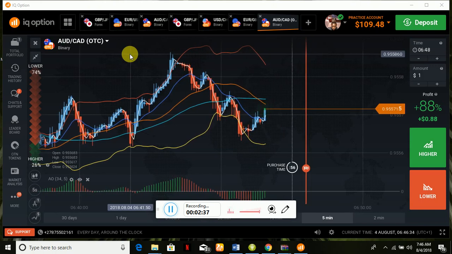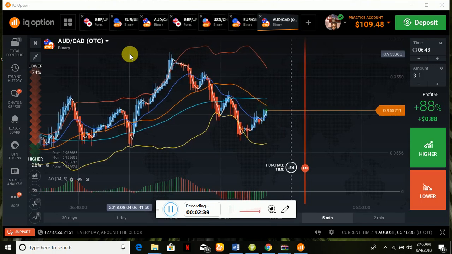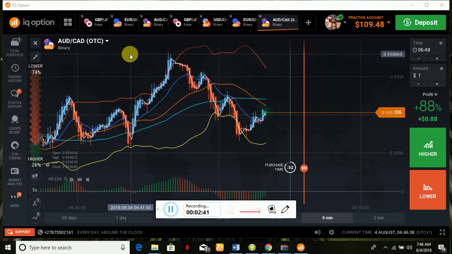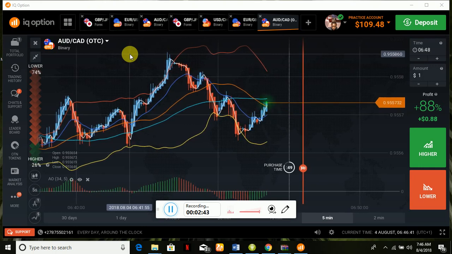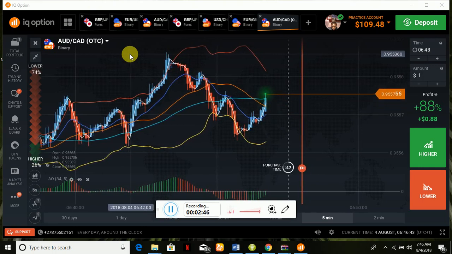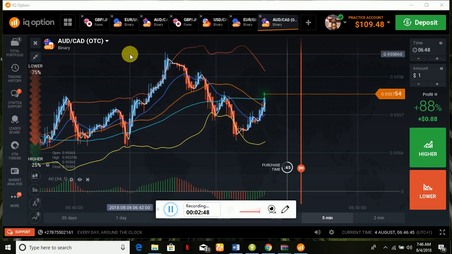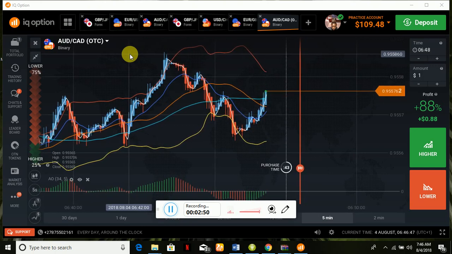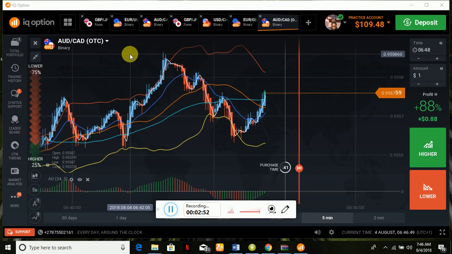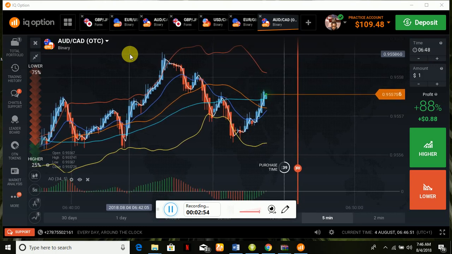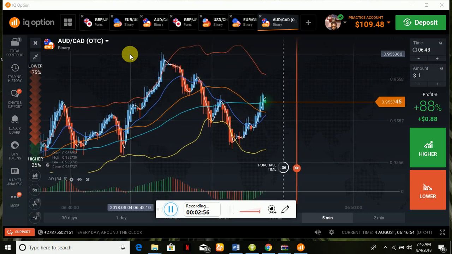If you also lose that $2, you make it $4 and trade with that. And if you lose it, you go to $8. So you get it, you're always doubling.